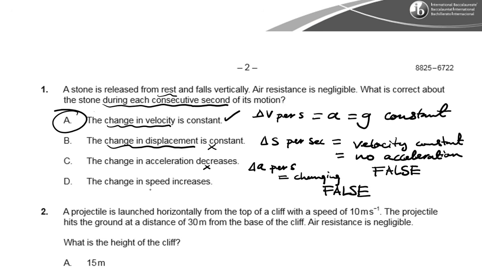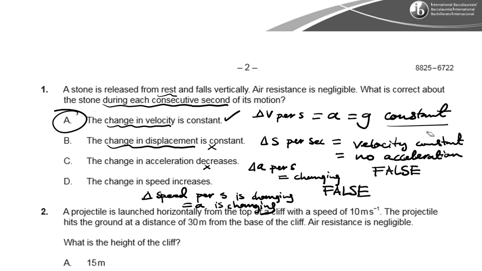Next, the change in speed increases. This is again saying delta V, or delta speed per second, is changing. And that means acceleration, let's just write A, is changing, which is false again, right?